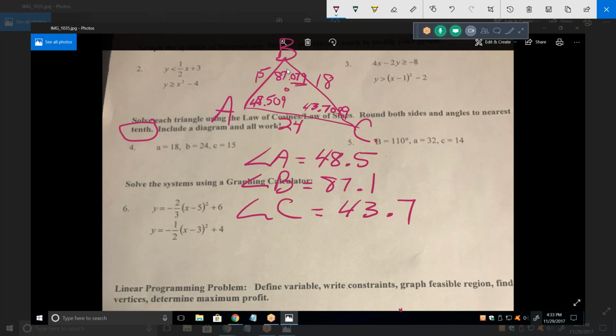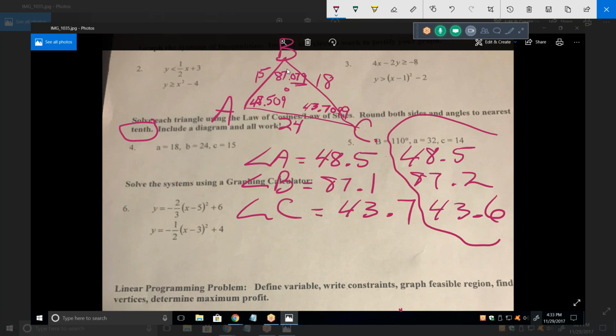If we'd have rounded it off early, we could have ended up with an answer like 48.5 and then maybe 87.2 and then maybe 43.6. In other words, we could have actually ended up being off by a tenth on some of these. So that's why you don't round off early ever.